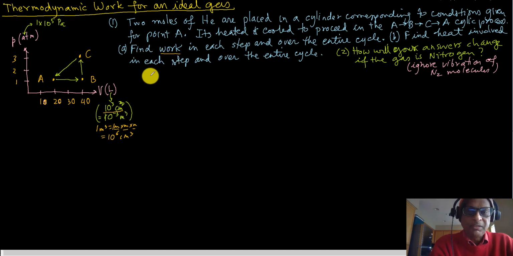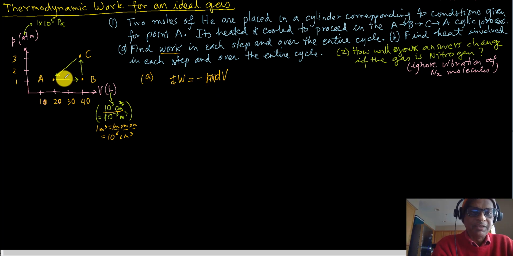So in terms of work, let's do the work first. By definition, a small amount of work is equal to minus P dV. P is sometimes a function of V. So for any small step dV, the amount of work done will be this.